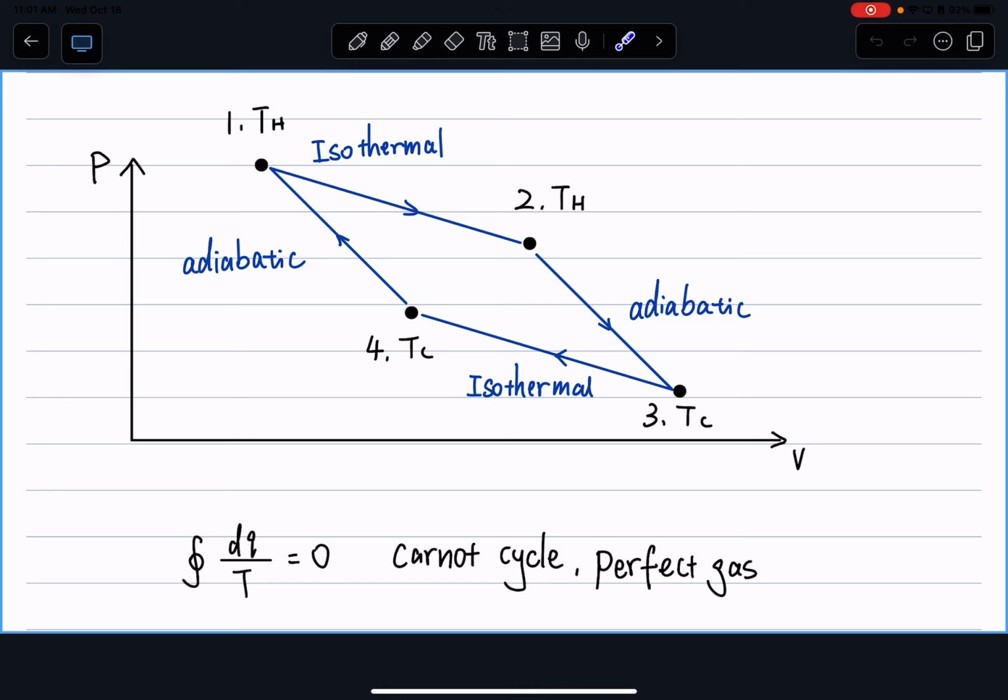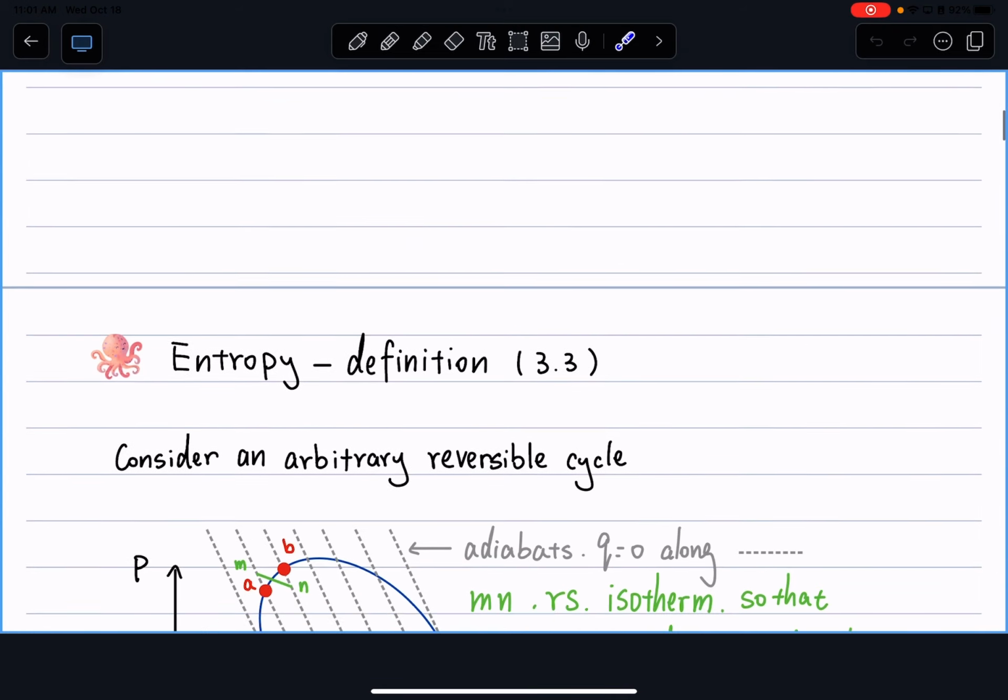Today we want to expand our understanding of the Carnot cycle into a more general scenario. Instead of a Carnot cycle, which is a very specific transformation, let's imagine some random cycle that is not a Carnot cycle.